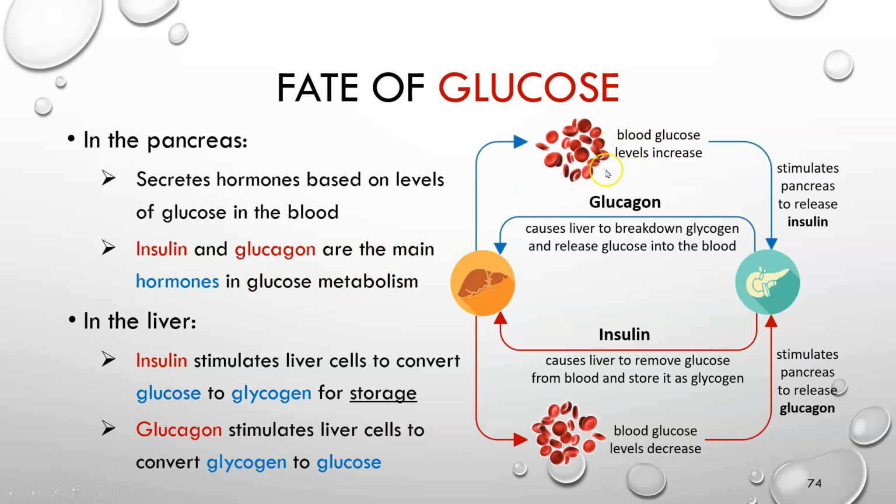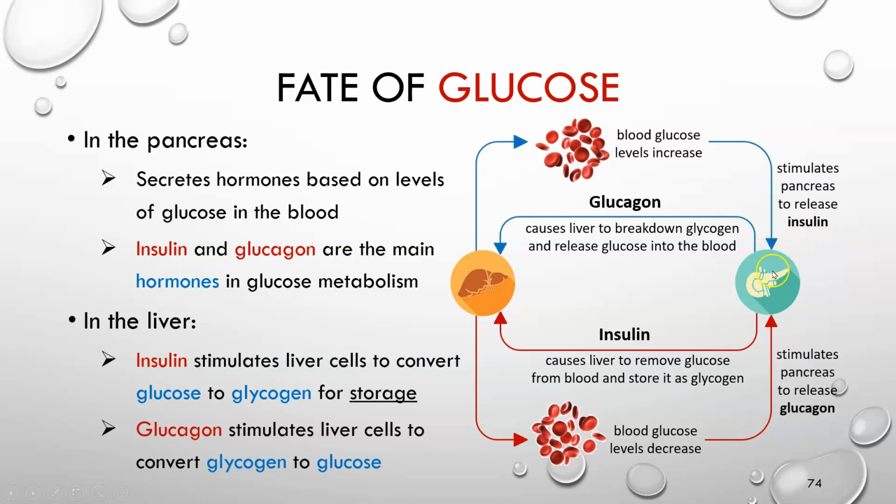So, let's say you ate a heavy meal, okay? Then the glucose has been absorbed into our blood. So that means that our blood glucose level has increased. This would stimulate the pancreas to release this hormone called insulin.